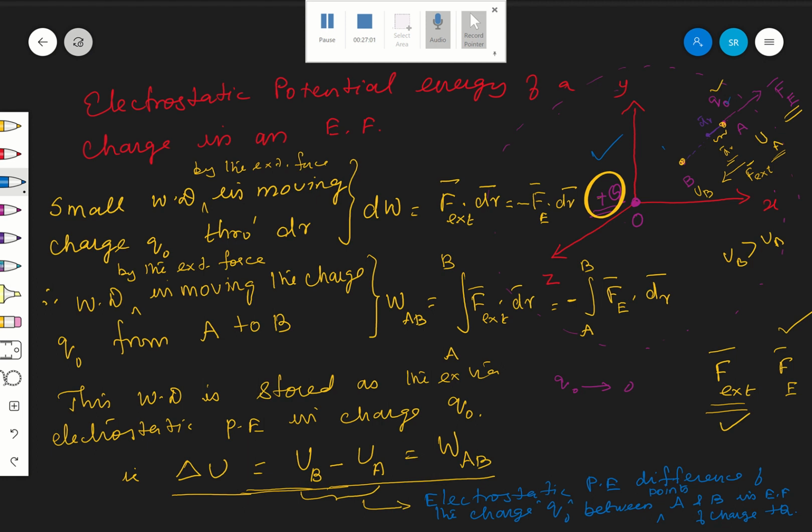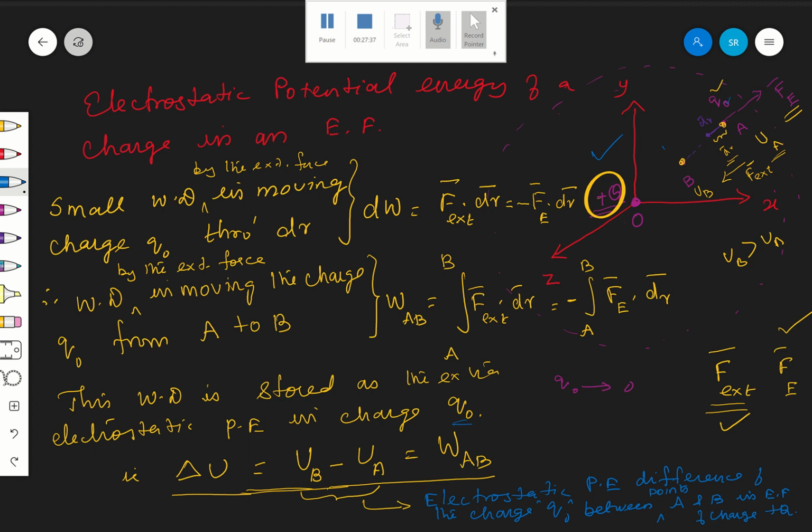So this is the electrostatic potential energy difference of a charge Q naught, the test charge, between any 2 points in an electrostatic field. It is defined as the work done by the external force in moving that charge from one point to another without acceleration. Are you following?